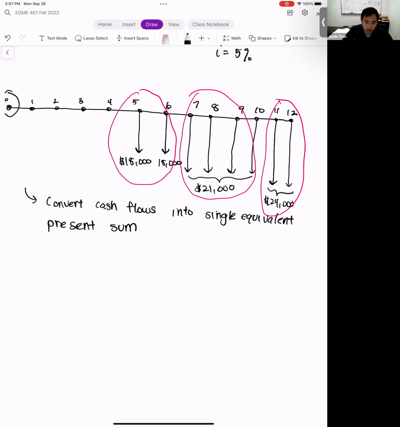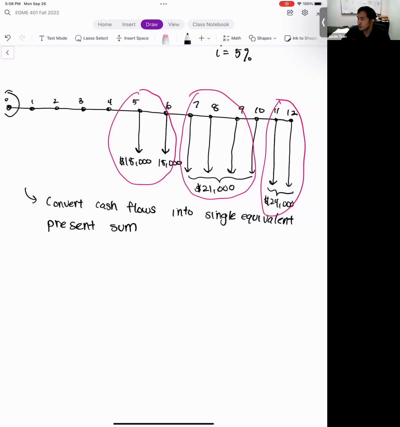And so we've learned about arithmetic gradients as a cash flow that increases with time, and the costs here are going to be increasing with time. But if you notice, the increases year to year are not consistent. In years 5 and 6, there's no cost increase, so the increase is 0. But from 6 to 7, the increase is $3,000. Again, we have a period where there's no increase, and then from 10 to 11, we have an increase of $3,000.